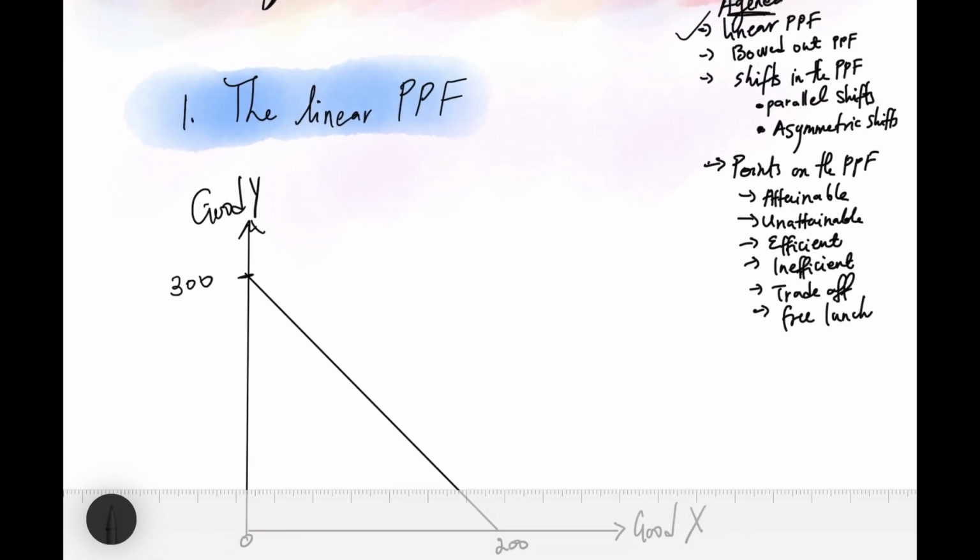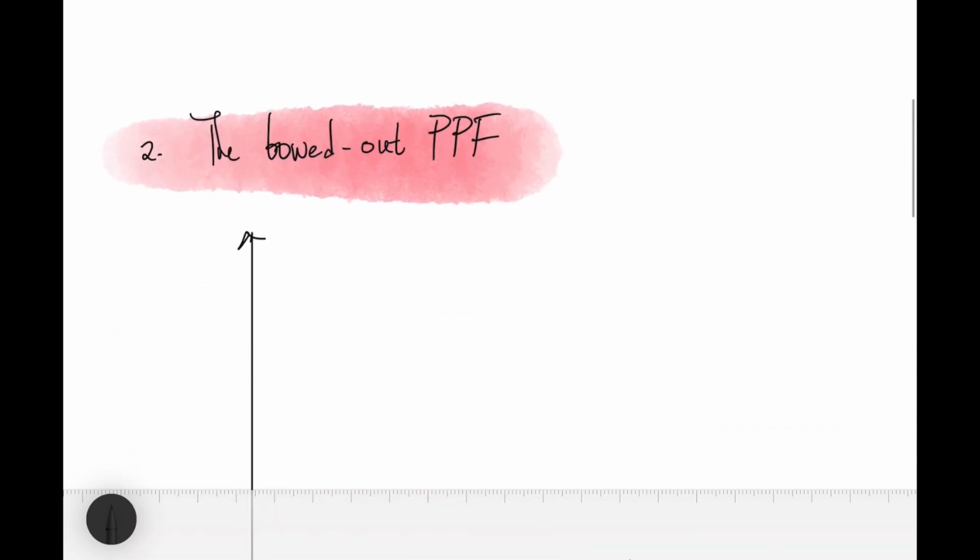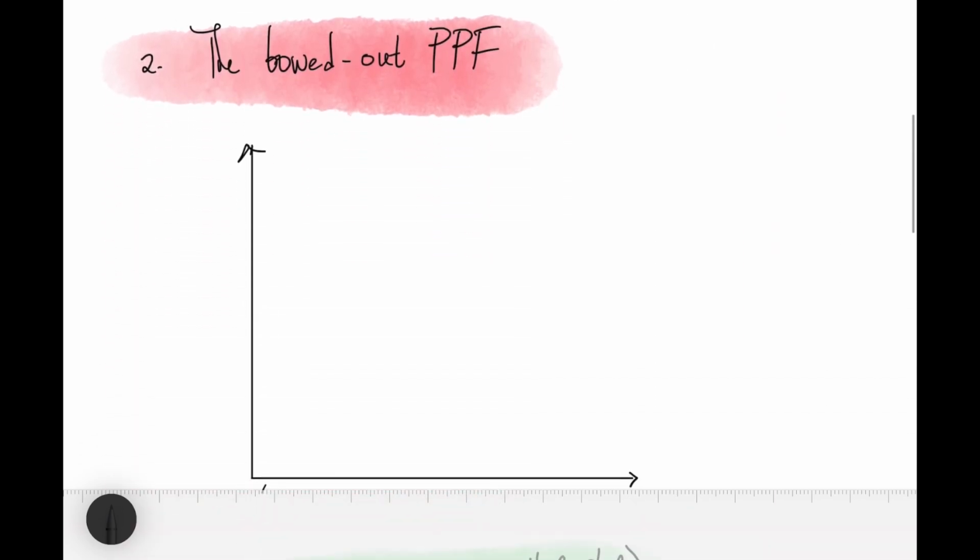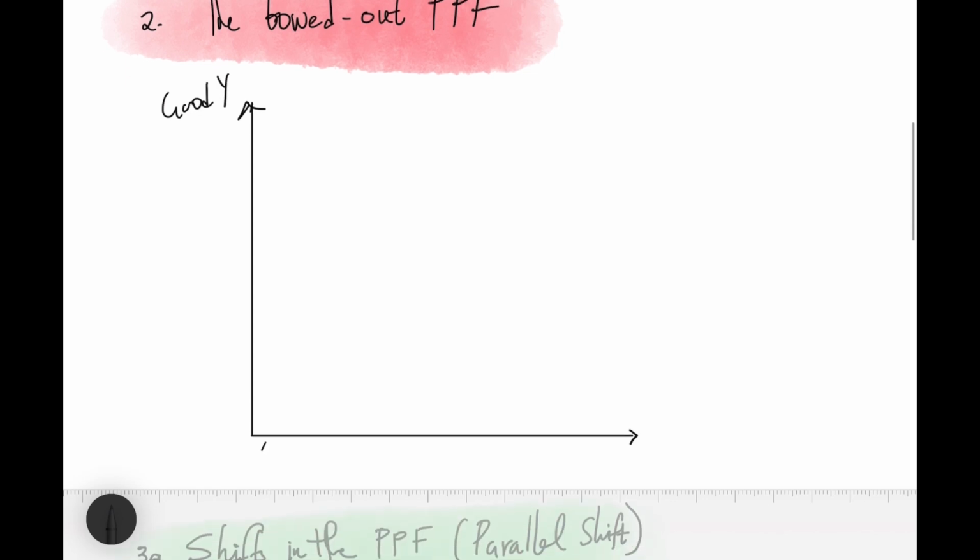Next, let's do the bowed-out PPF. Again, we will write good Y here to keep things simple, and good X here. The bowed-out PPF sort of looks pregnant, right? You can't forget that. See, that's how it looks.